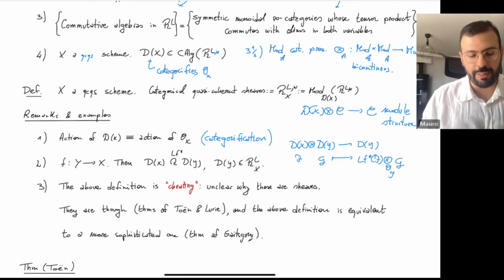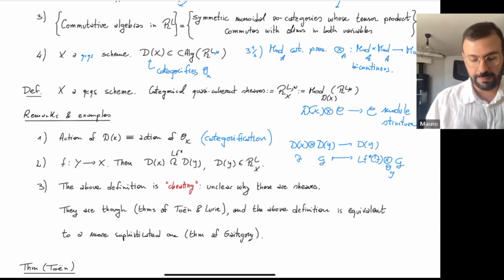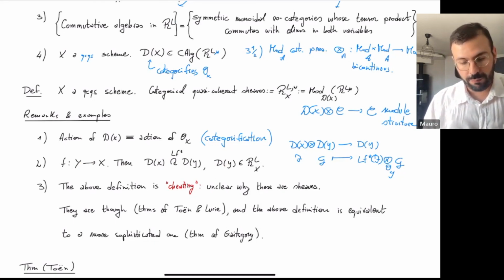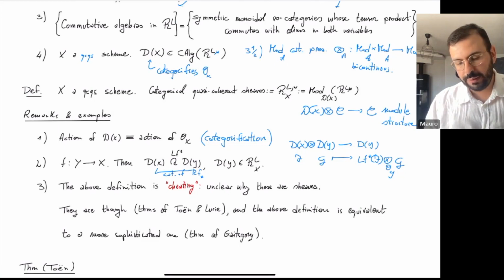So basically all schemes give rise to a module: the derived category over Y inherits an action of D(X). And this you should think of as the categorification of Rf lower star of O_Y.